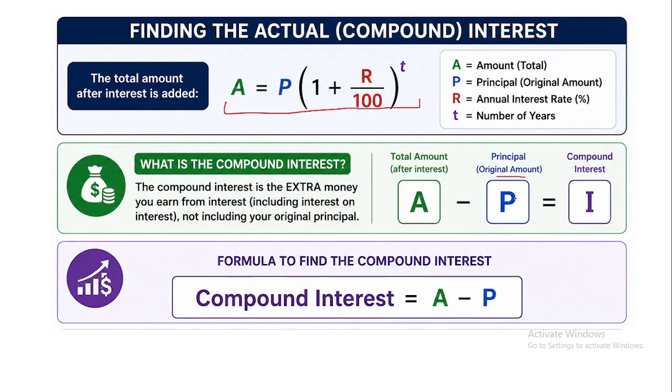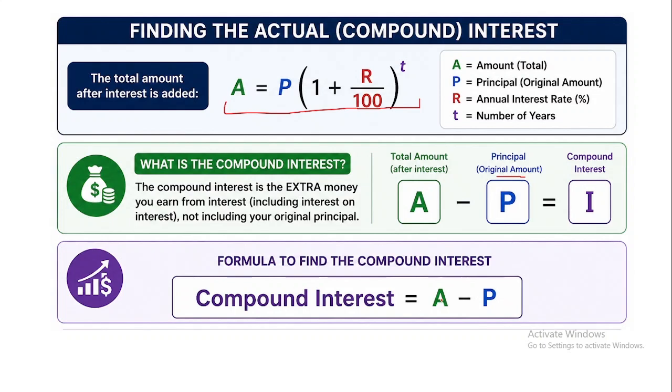When you subtract the principal from the total amount, you find the compound interest. So the formula for compound interest is A minus P.